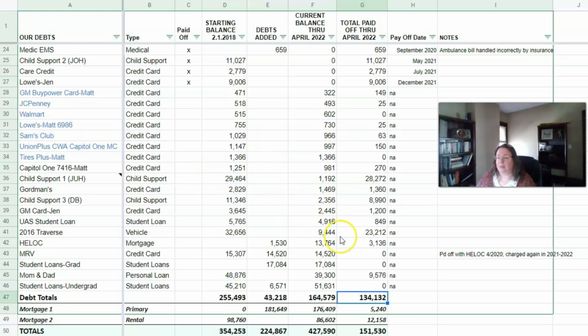Up until the last year or so, we had not had any new credit card debt. And we have paid for a lot of life that has happened. Things happen and you need to have money to take care of those things, a lot of unexpected things. And we were very successful at that for 3 years.